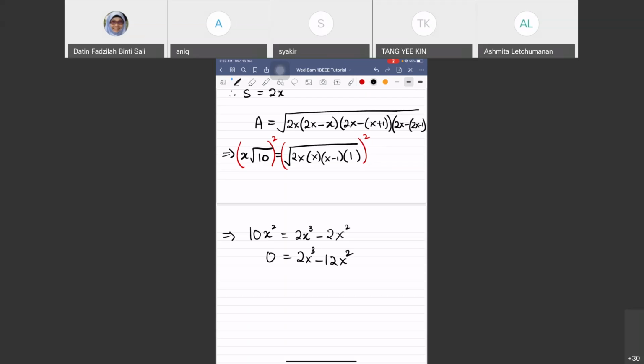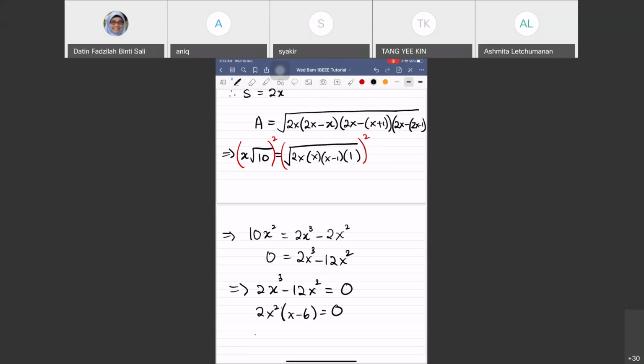Okay, so that means I am solving this equation. Now remember, we can just factor. I'll take out 2x squared, then I have my x minus 6.